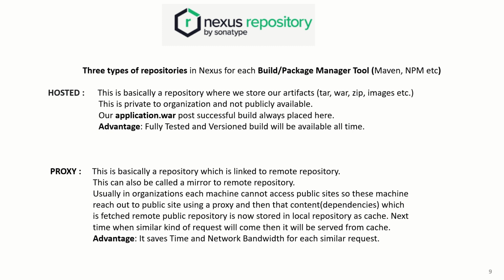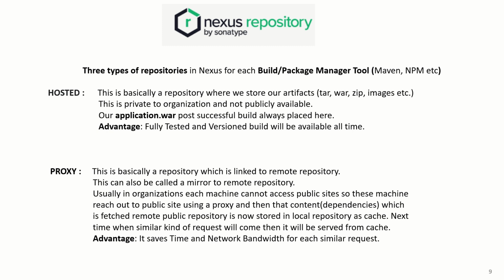That may be a tar, a war, a zip, maybe some images. These kinds of content are known as artifacts. So this is private to the organization, not publicly available. Our application.war, after a successful build, will be placed here. What is the advantage? A fully tested and versioned build will be available all the time, and developers can take it and do further testing on this particular tested build.